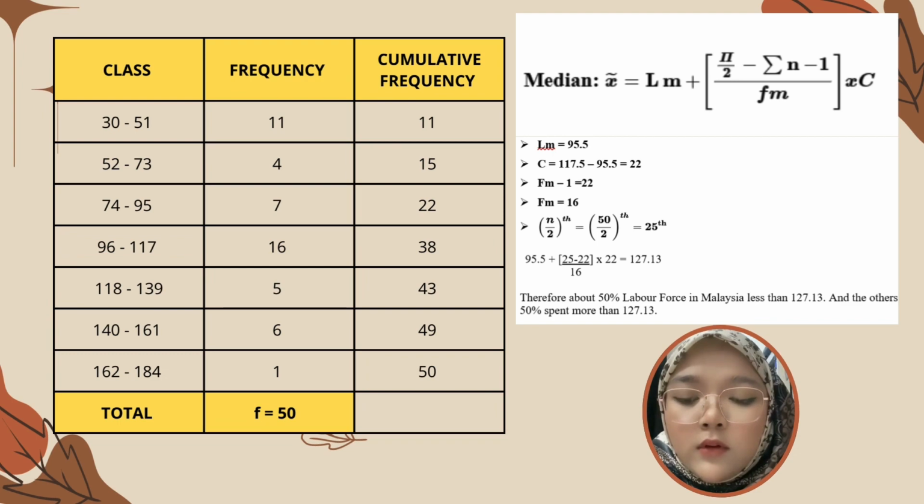And n divided by 2 equal 50 divided by 2 equal 25. Therefore, about 50% of the labor force in Malaysia spends less than 127.13 and the other 50% spends more than 127.13.